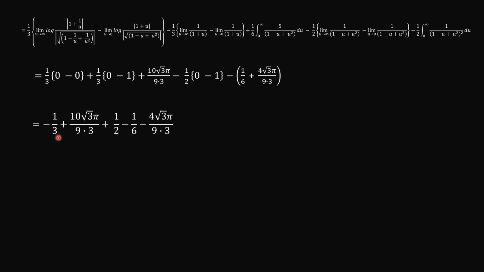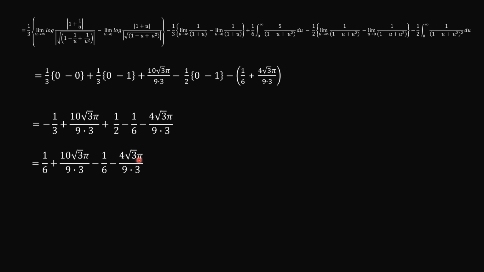So minus a third plus a half results into positive 1 over 6, plus 10 times root 3 pi over 9 times 3 pi, minus a sixth. So this is a sixth minus a sixth. This would cancel out.